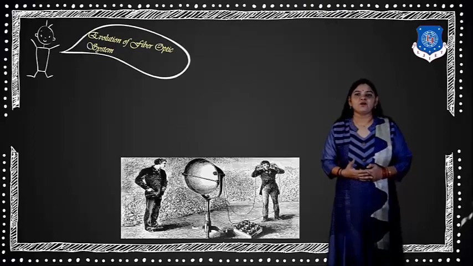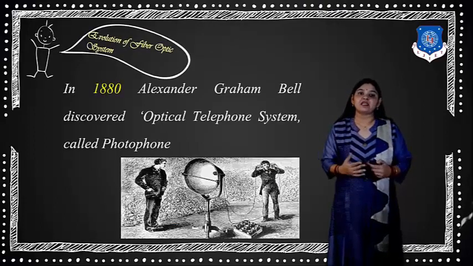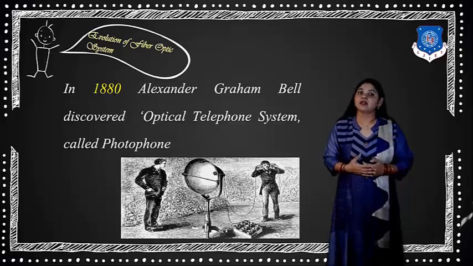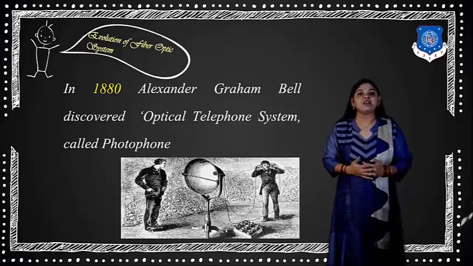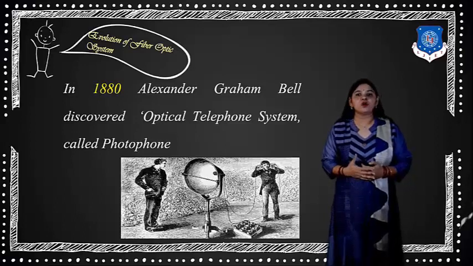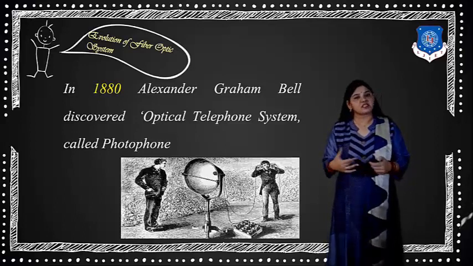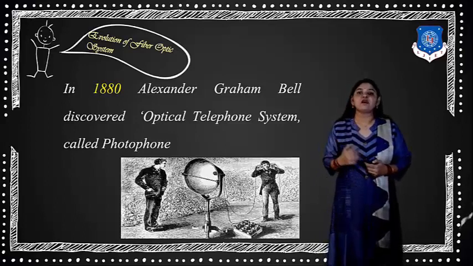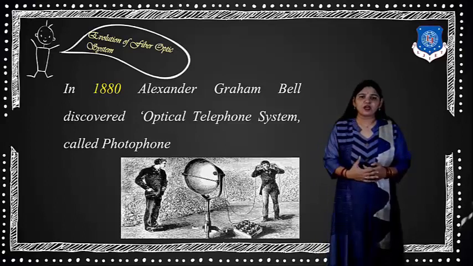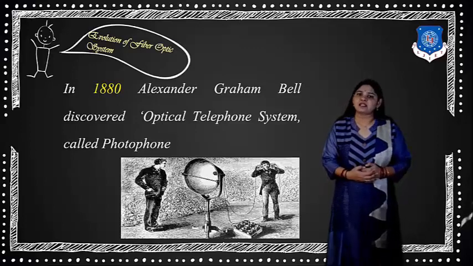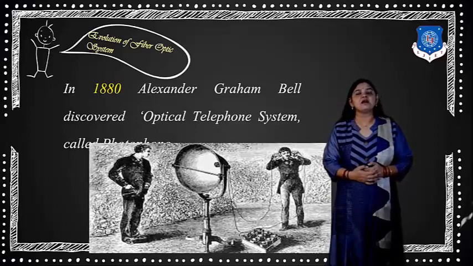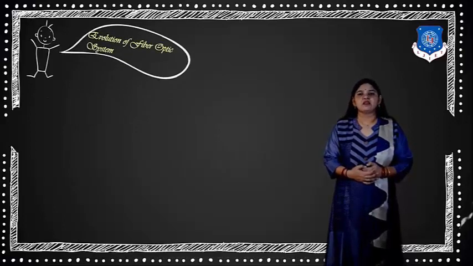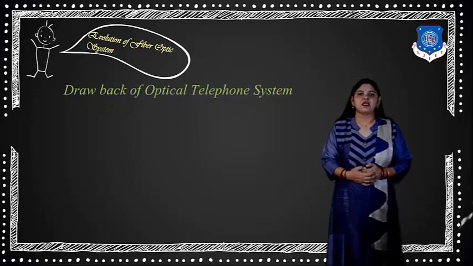The next system was in the year 1880, when Alexander Graham Bell invented the optical telephone system, known as the photophone, because it transmitted information in the form of light.